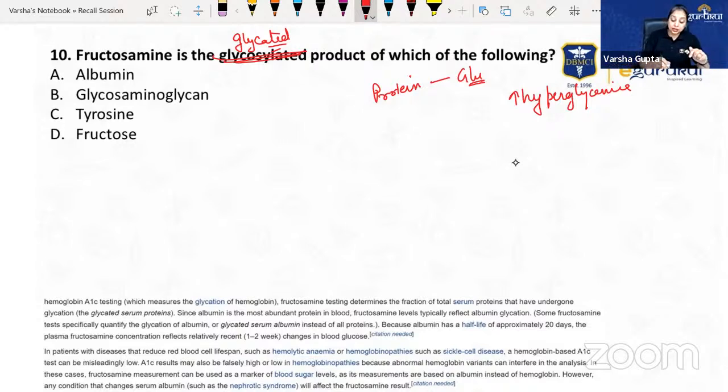Now there is another term, glycosylation, in which there is an enzyme which helps attach the carb to a protein. That process is glycosylation. Okay. Now fructosamine is a glycated product. What you have is a glucose or a fructose that gets attached to a primary amine, right?